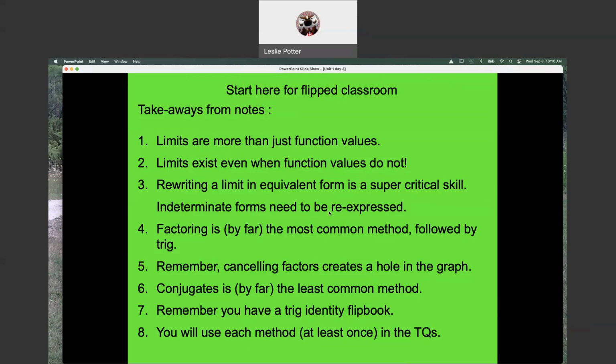We're actually going to get our trig flipbooks out so that we can focus on the identities we need to look at again, because that trig flipbook has a lot of stuff. You only use about 25%. And then there's conjugates, which is probably the first time you've had any interaction with that term, conjugate.